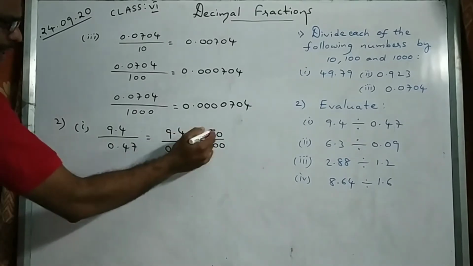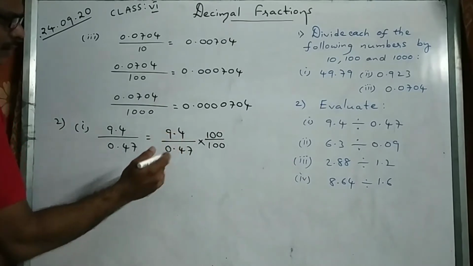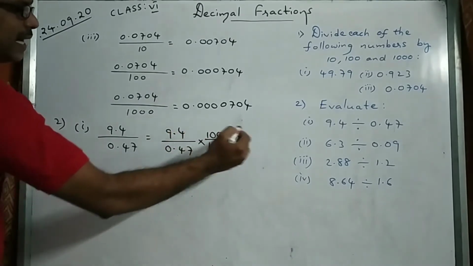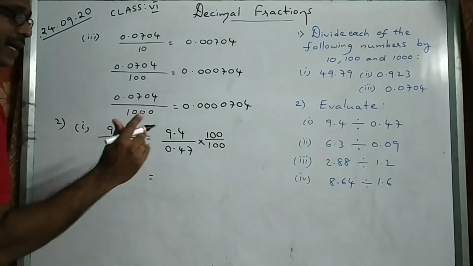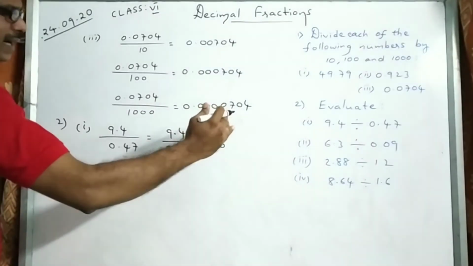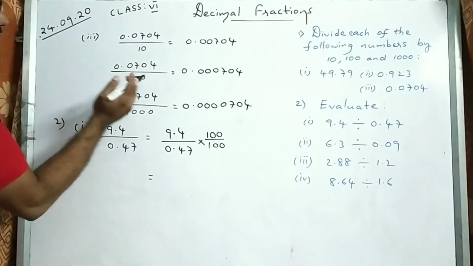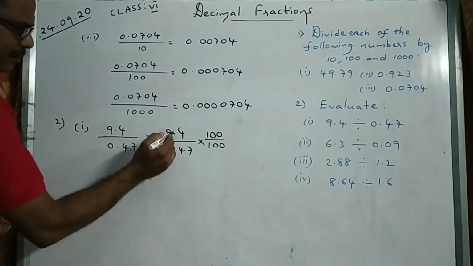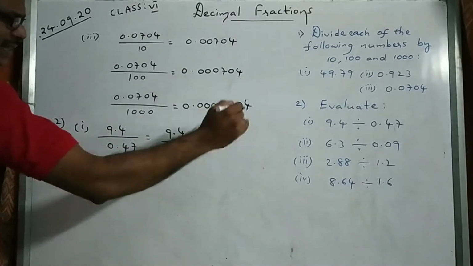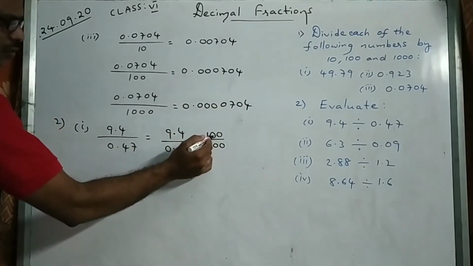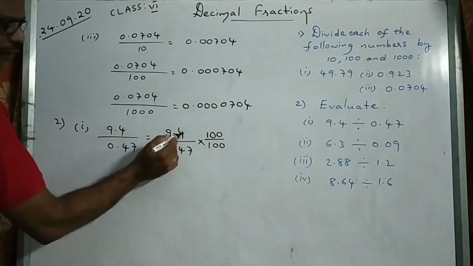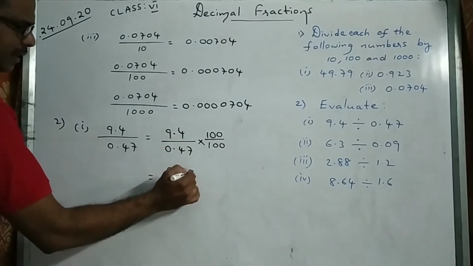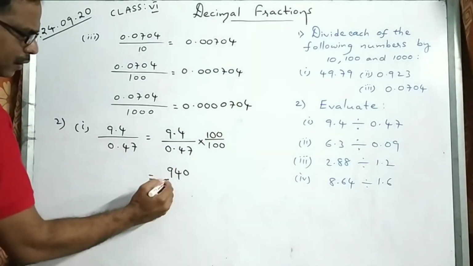Now if you multiply with 100, the decimal point will be moving towards the right side. Whenever we multiply, it is moving towards the right side. Whenever we divide, it moves towards the left side. Remember that concept. How many digits does it have to move? 2 digits. So here only 4 is there, that means 940.0. 0.0 means no problem.